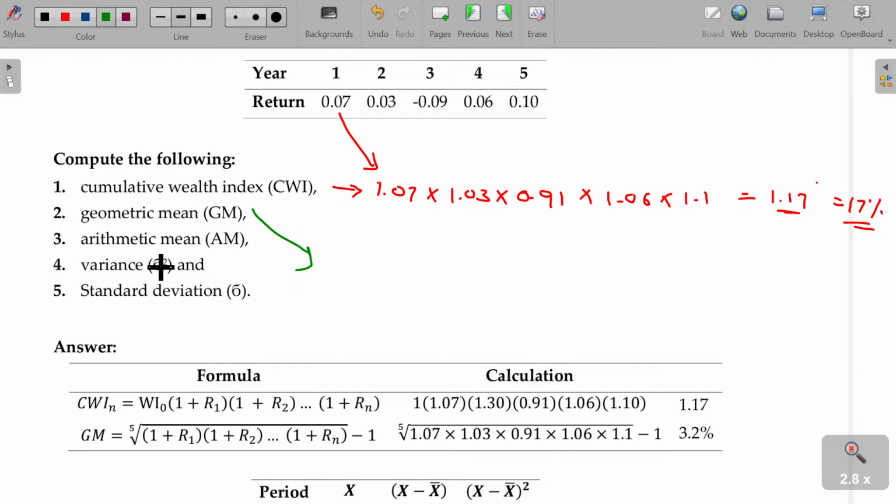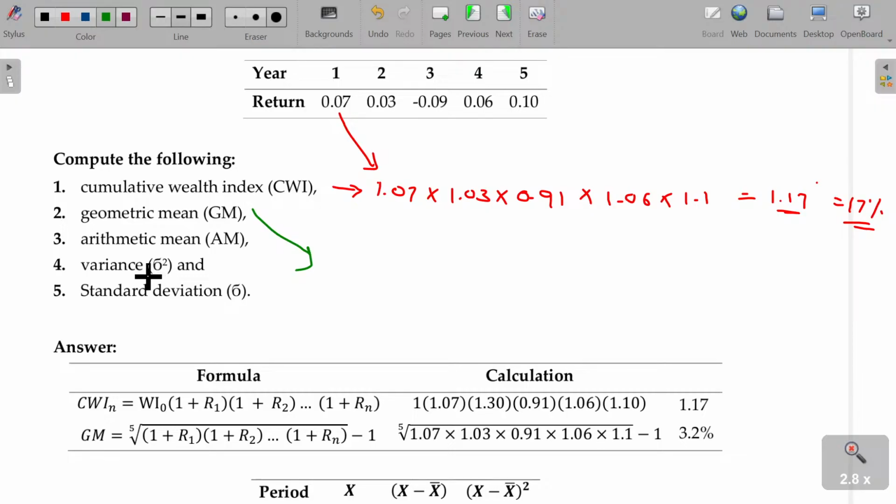Okay. This cumulative wealth index is similar to compound amount. Especially geometric mean, let's see. In case of geometric mean, it is similar to compound amount, not cumulative geometric mean.